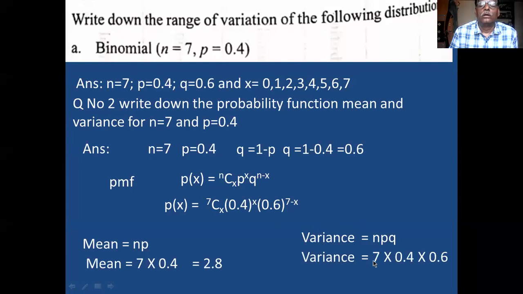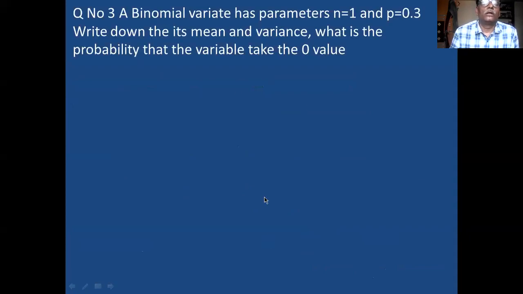So n is 7, p is 0.4, q is 0.6. Multiply these, you will get 1.68. Variance is 1.68. Clear? In this way, you solve the question. This is the second example. Then come to the third example.